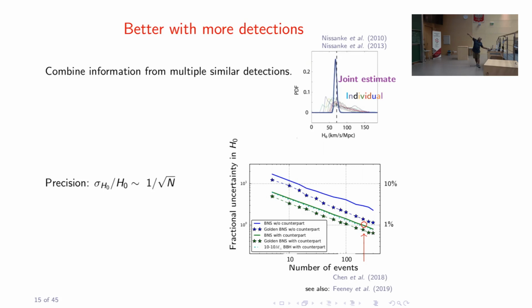If one stacks up the results from individual events, one can get a sharper, a better joint estimate. The scaling I mentioned goes as 1 over square root of n. Currently, we have a 14% uncertainty. If we want to go to 1% uncertainty, how many similar measurements do we need?